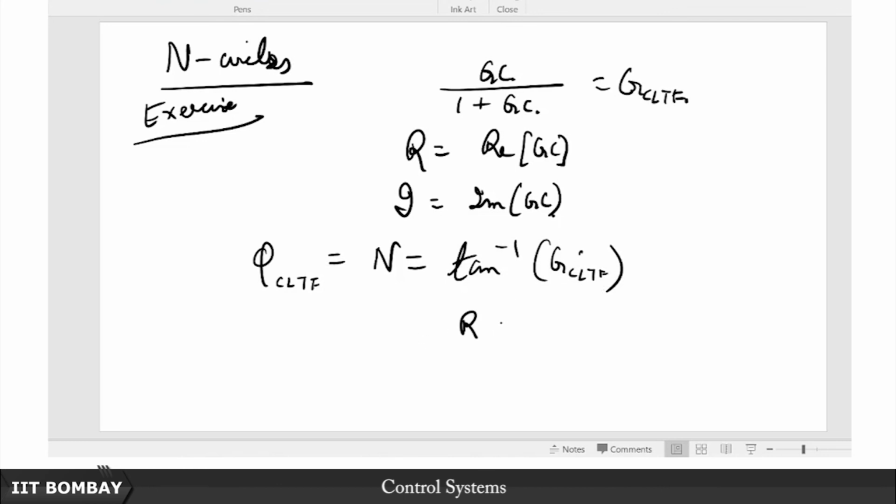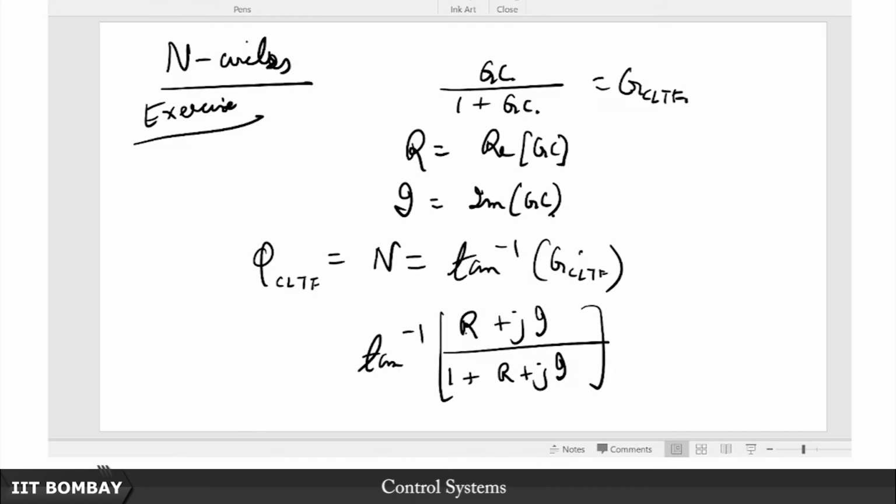This is basically R plus JI upon 1 plus R plus JI. So I should not write tan inverse right away, I should first write argument.